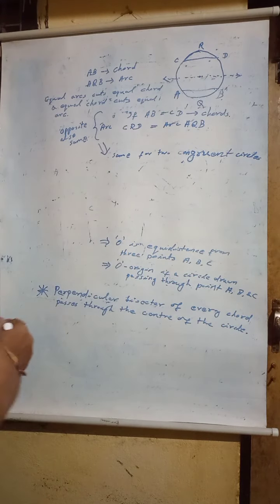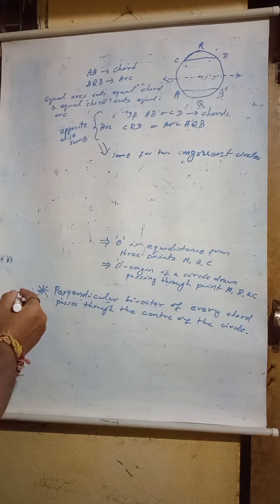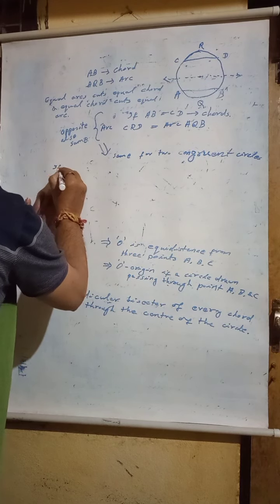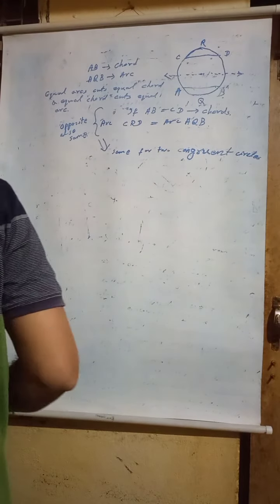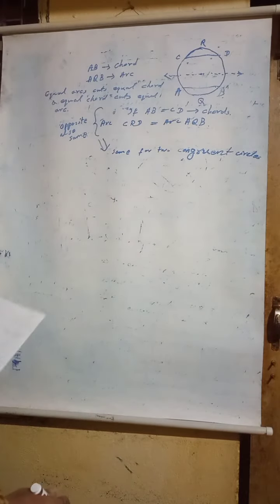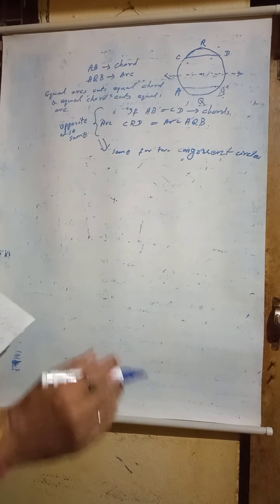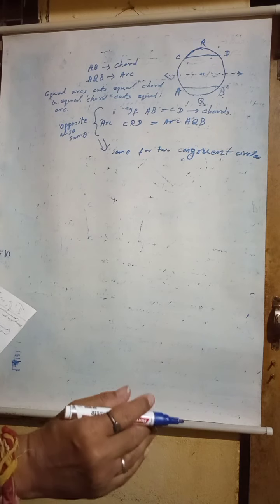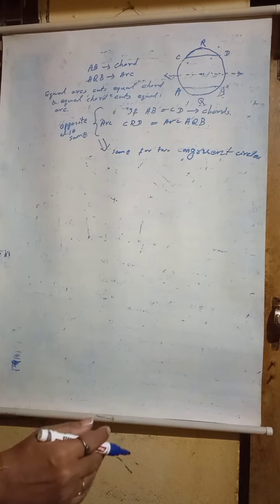So if arcs of two equal congruent circles are equal, they cut equal chords. If chords of two equal congruent circles are equal, they cut equal arcs.